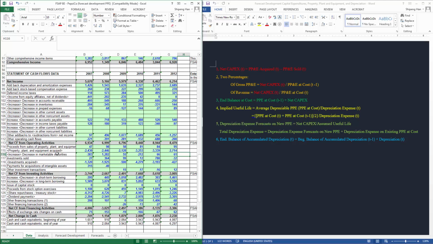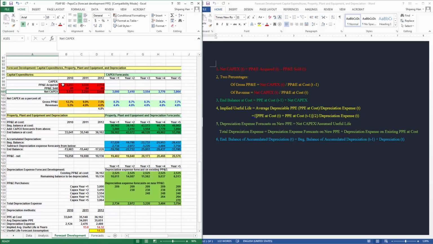Okay, so we know the capital expenditure is an investing activity. So you can see these two rows, right? This one is cash flow to acquire property, plant, equipment. And this is proceeds from sales of property, plant, equipment. Okay, so we directly refer to the information or numbers from here.